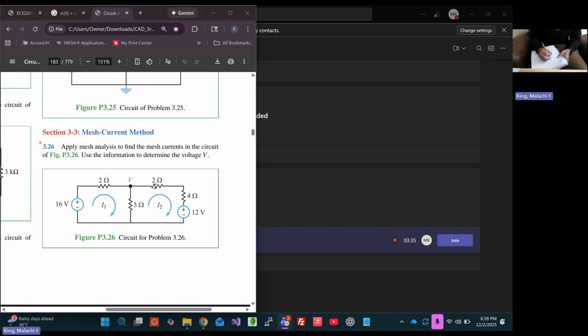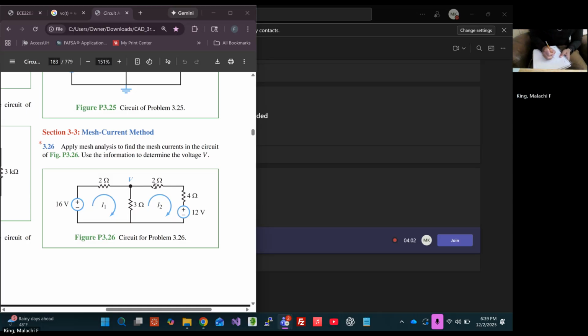So it's 2 ohms times I1, and then same thing for this one, plus 3 ohms. Because this one has I1 and I2 going through, we're going to put both of those. So right now we're in the I1 loop, so I1 is going to be positive. So I1 minus I2. And all that is going to be equal to 0 because we're back at the ground.